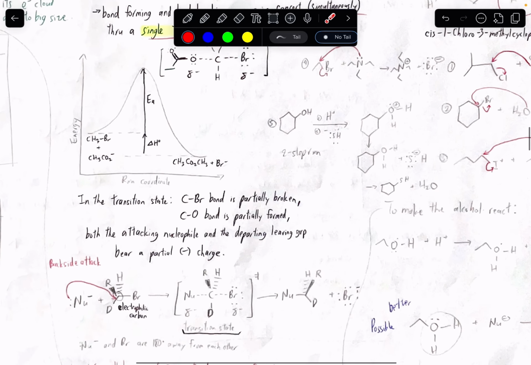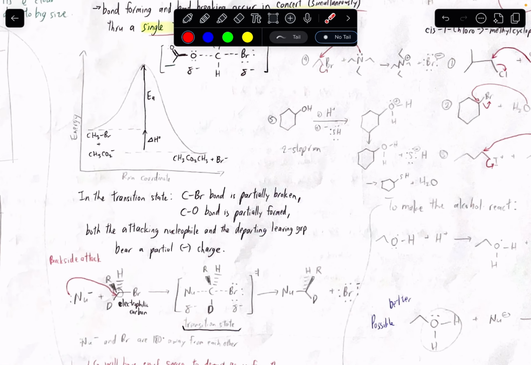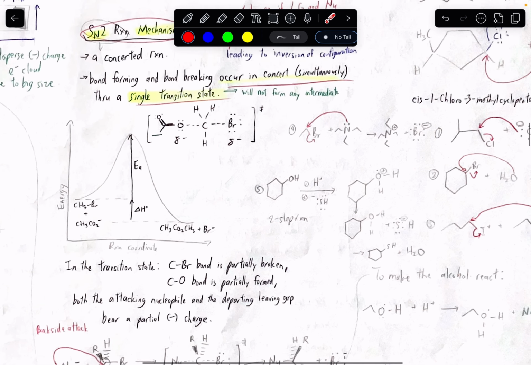Going back to org chem. In the transition state, the carbon-bromine bond is partially broken, and the carbon-oxygen bond is partially formed.